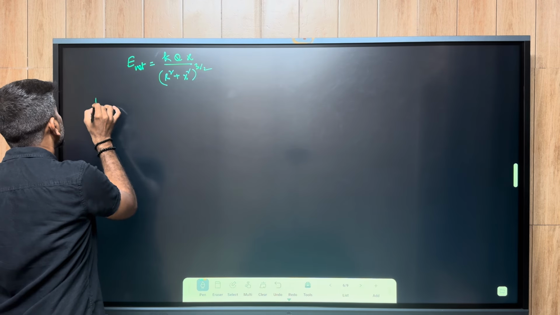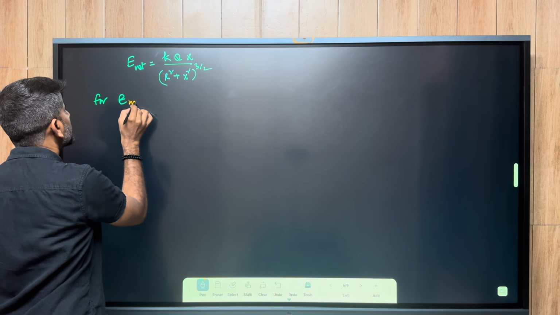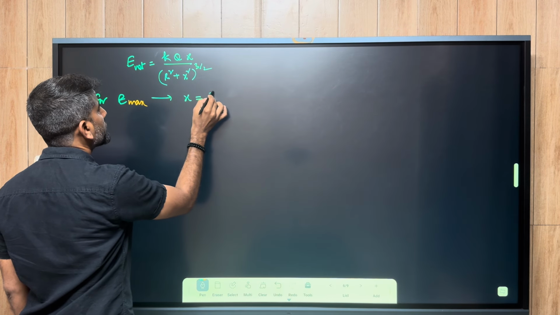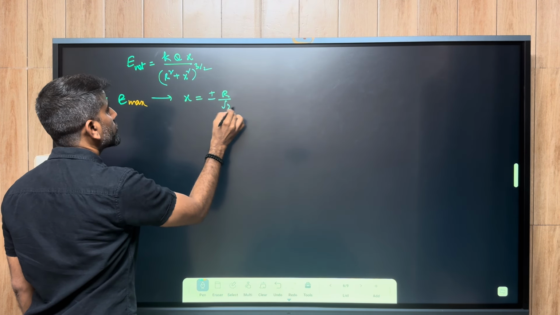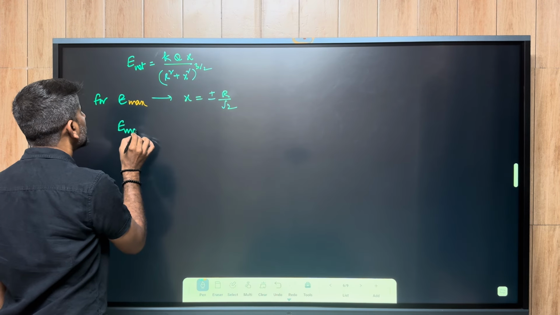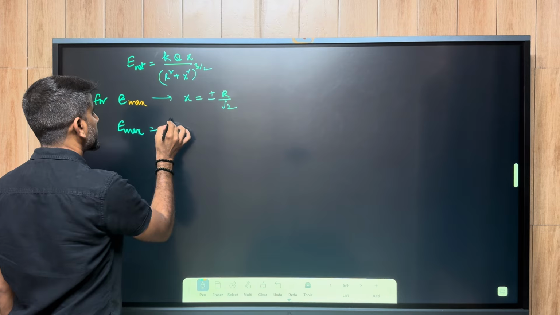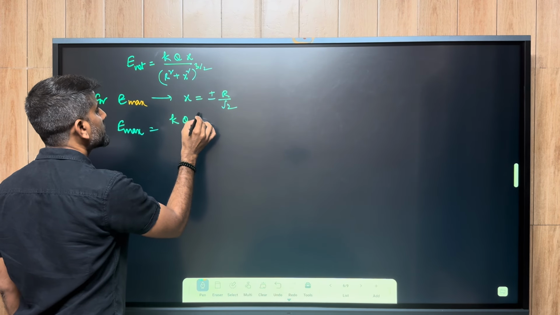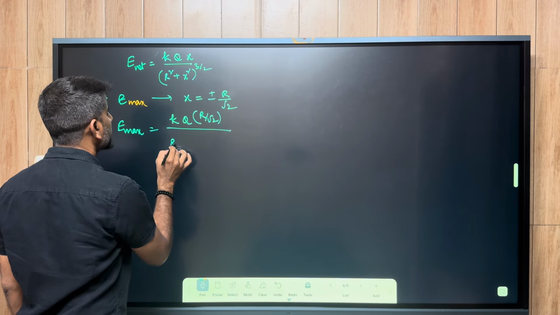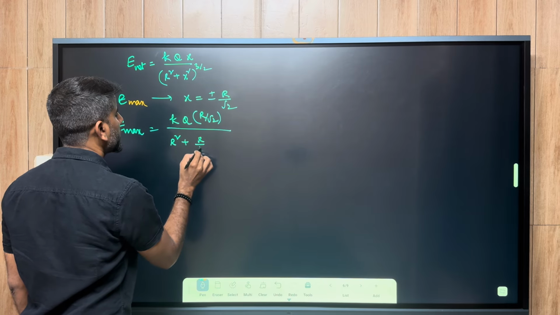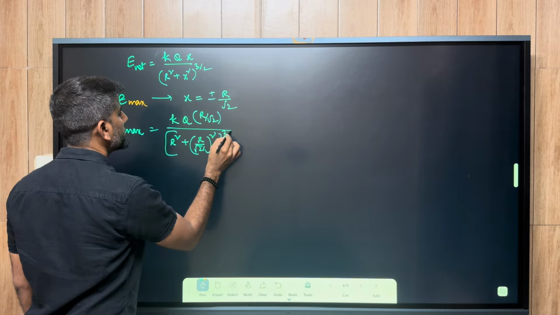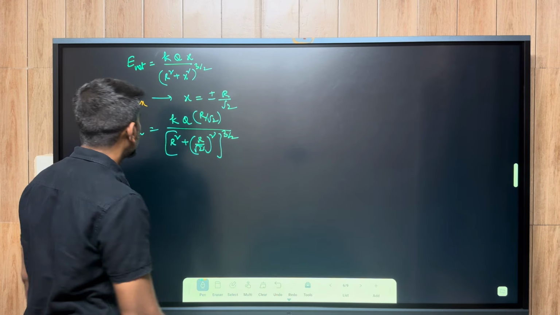As we know, for E max, x should be plus or minus r by root 2. Now for E max we need to substitute this value for x. K q into r by root 2, by r square plus (r by root 2) whole square, whole to the power 3 by 2.